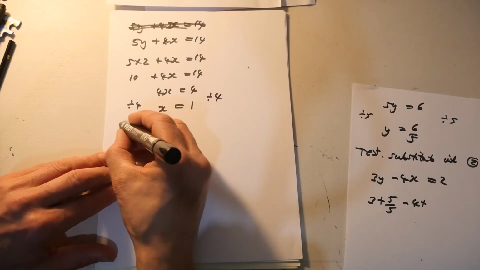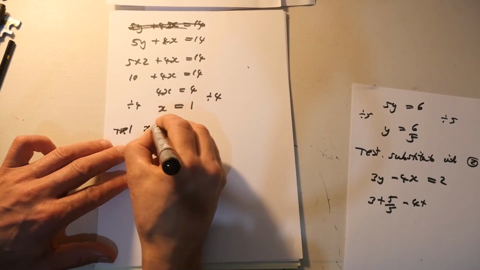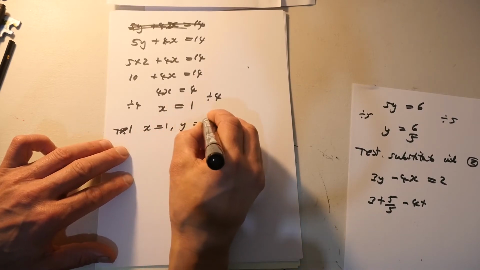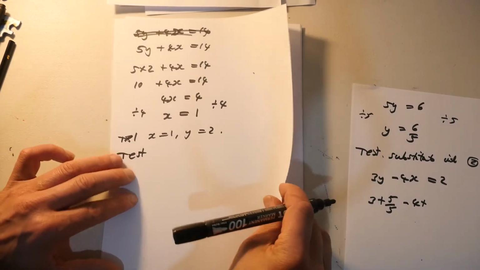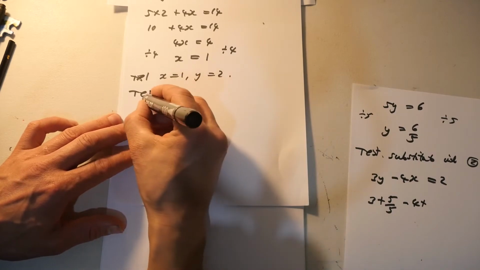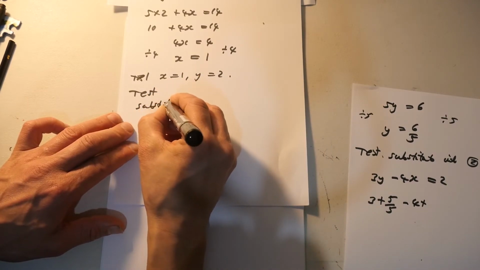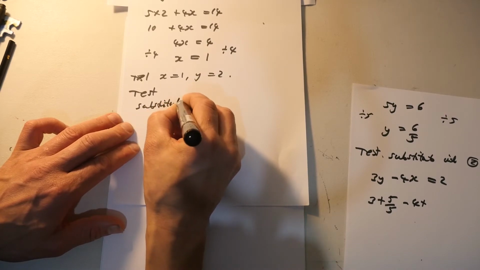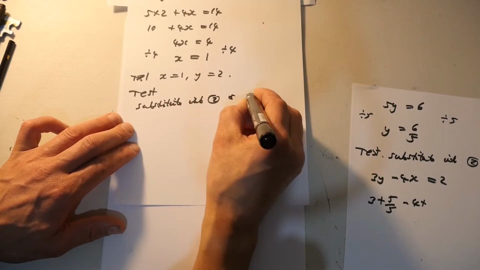So test. So you get x equals 1, y equals 2 as answers. Now we test, okay? So substitute into 2, okay, or 1.